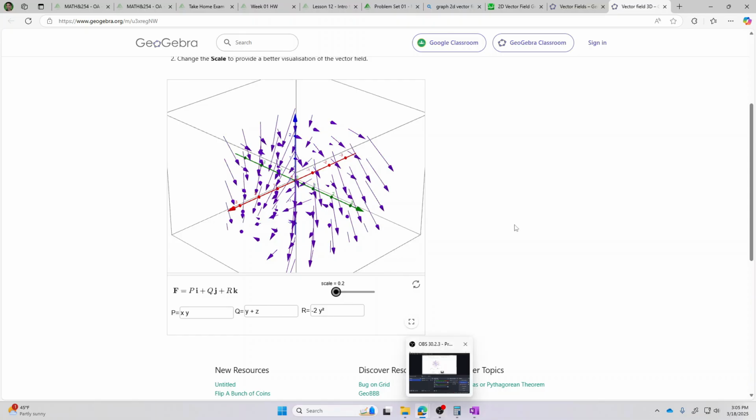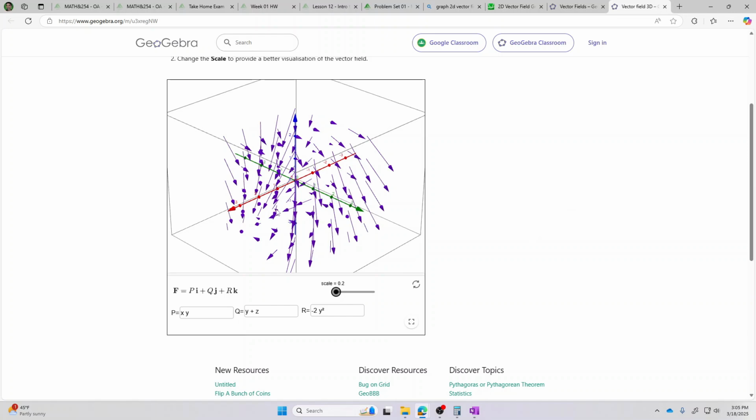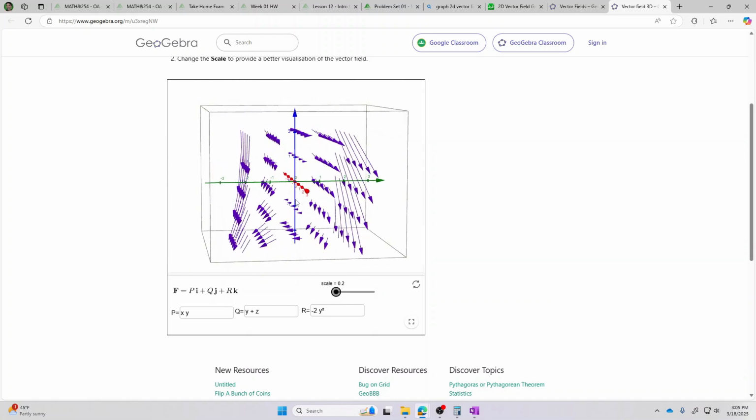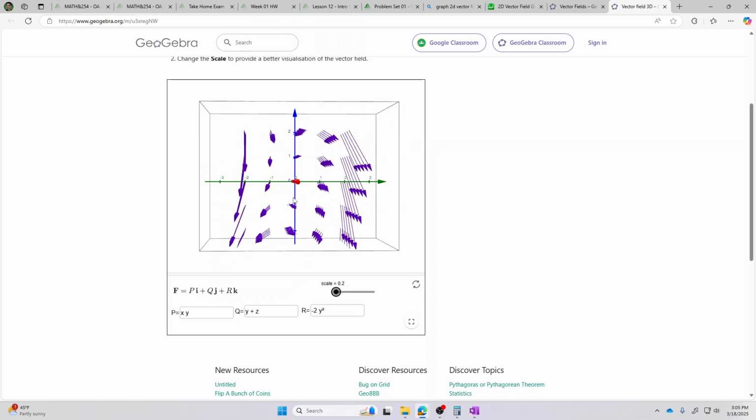Hold on. Okay, here's the vector field in that problem. So let's look at it head on from the direction of the positive x-axis. Yeah, that makes sense. So it seems to be swirling approximately clockwise for most of it.